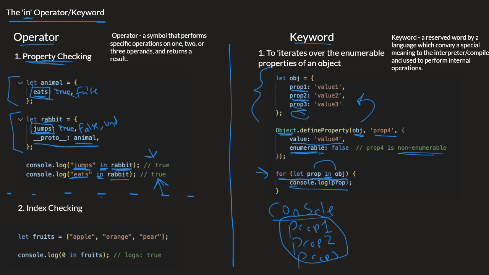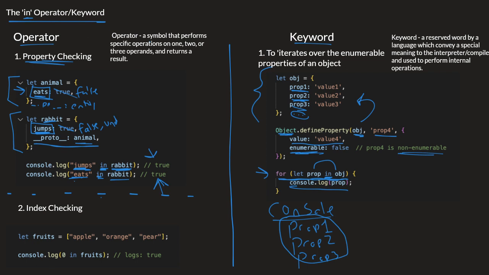And let's just say, for an example, that animal didn't have eats, but animal had a prototype, an object that it inherited things from, called entity. So let's say we had __proto__, and that was equal to entity, right? And in that entity object, we had eats equals whatever, eats being the keyword, and then let's say true as the value.